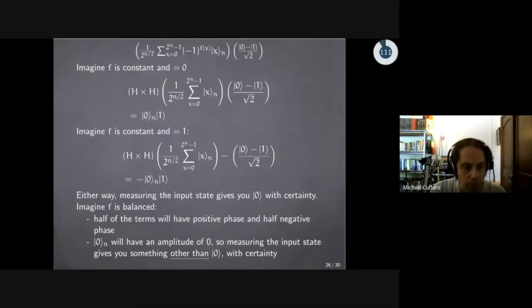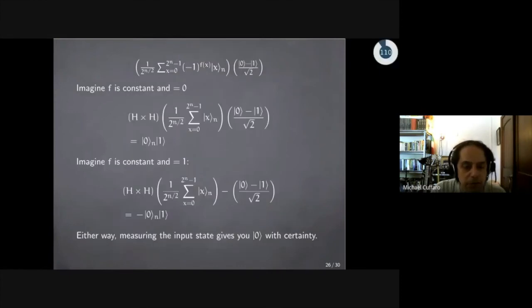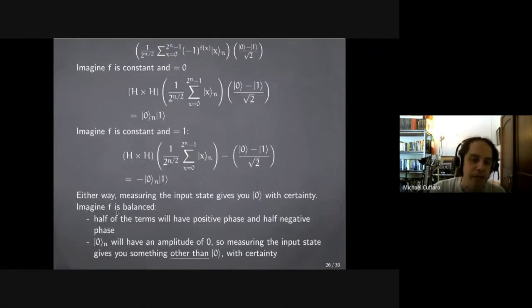What about the case where f is balanced? I hope you can all see that. In the case where f is balanced, half of the terms in this summation are going to have positive phase, and half of the terms are going to have negative phase.